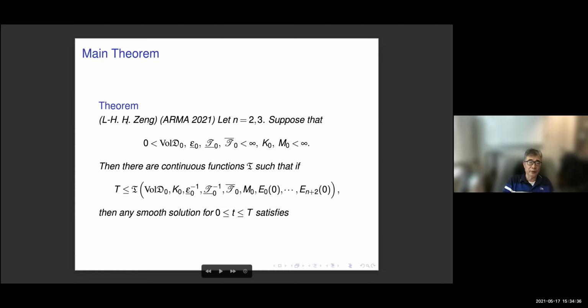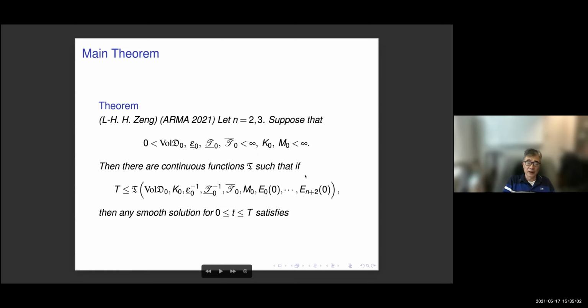This is joint work with Hui Zheng at Tsinghua University. For space dimension n equals 2 and 3, suppose those quantities are bounded, and also of course the initial energy up to the (n plus 2)-th order energy is bounded.